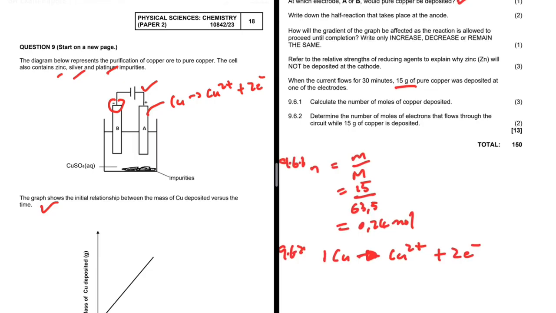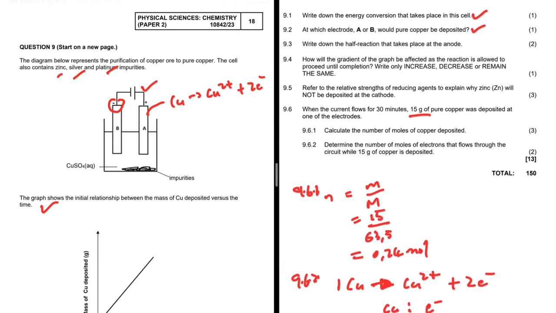For 1 copper atom, we have 2 electrons. So if the number of moles of copper is 0.24, then that of electrons should be 0.48 moles. So there we go. That is question 9.